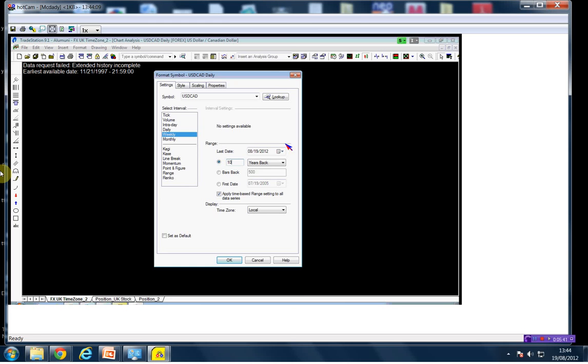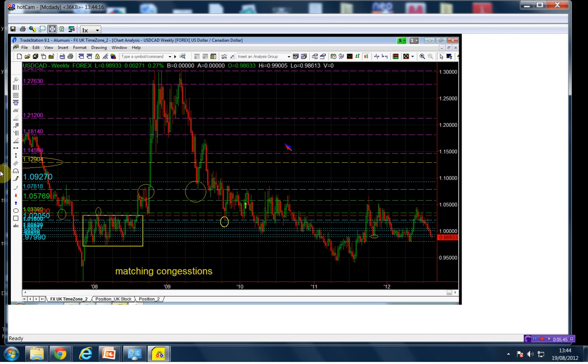If you look on the weekly chart like this, I changed it to a 10-year. You can see that this is the downtrend. That's the final momentum low. Right here, we can be in the midst of a big congestion, which is matching this one that's been there since 2008.